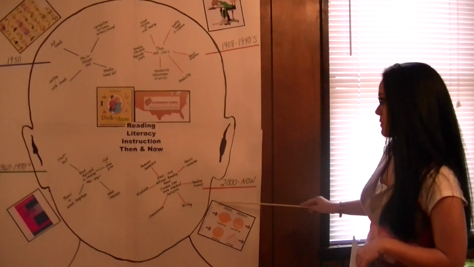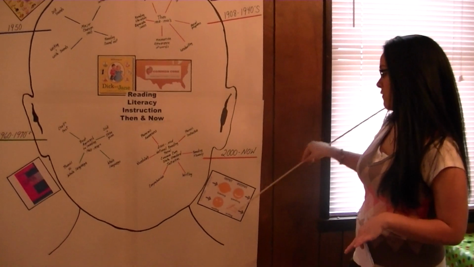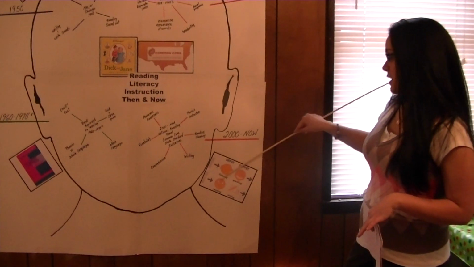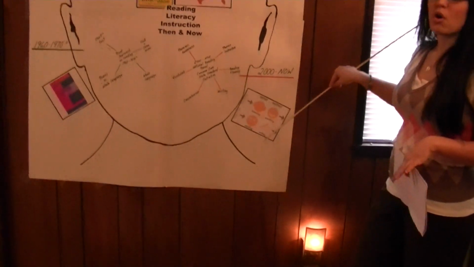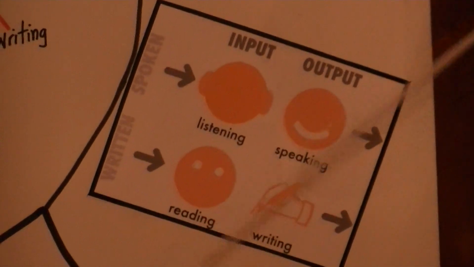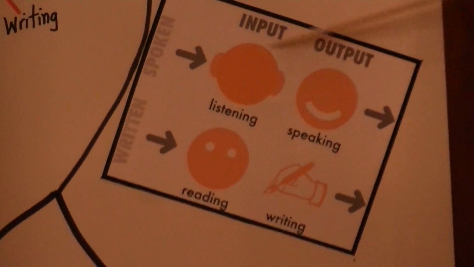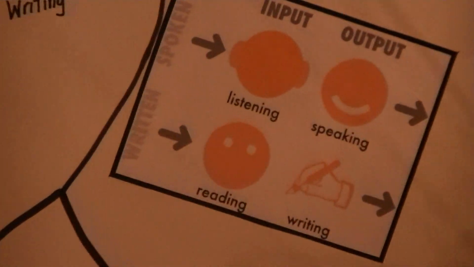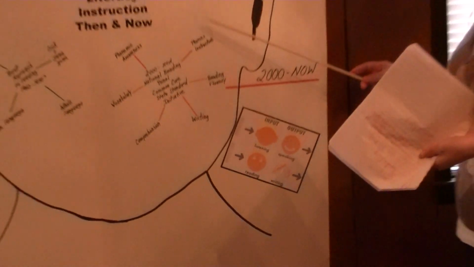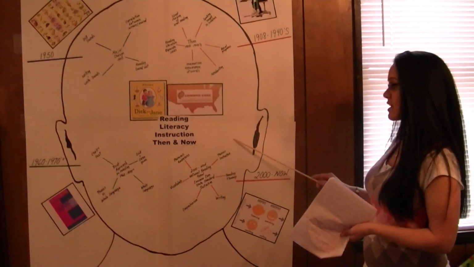And then my visual representation for this was I put the cycle of literacy, which involves listening, reading, writing, and speaking. You use all four of these in order to be a literate person, and during your literacy instruction, all four of these are used. So today, this is what teachers are supposed to teach. This is what's happening in the classroom. I think it's wonderful.